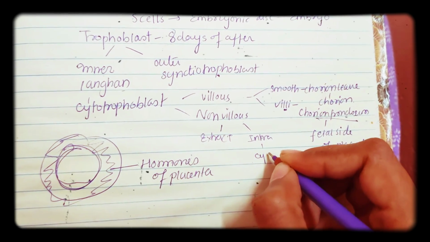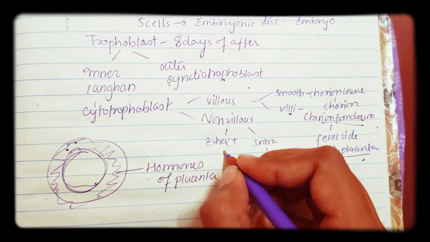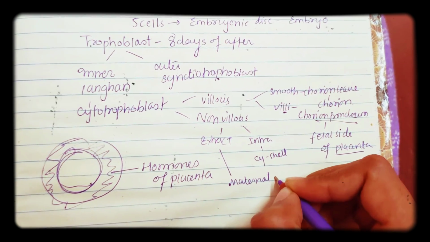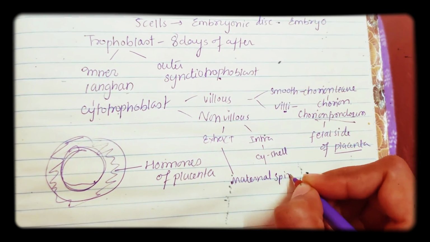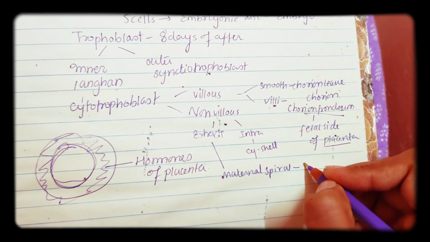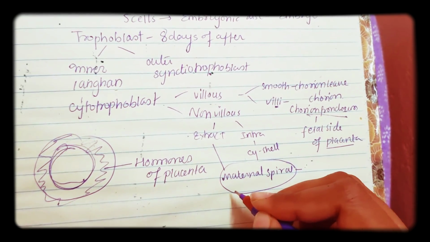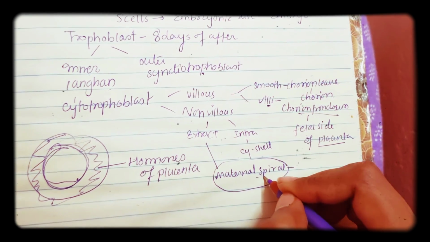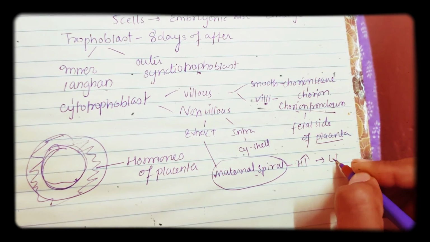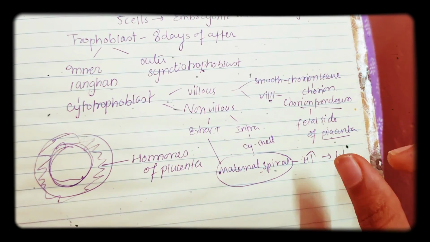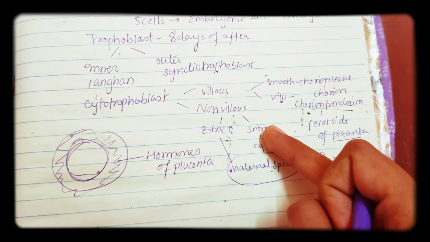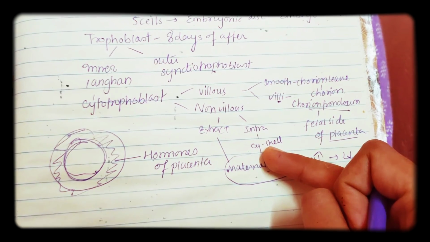Intravascular will form a cytotrophoblast shell, whereas extravascular will replace the maternal spiral vessels, from high resistance vessels into low resistance vessels. Mainly they act on the maternal spiral vessels which are present in the intervillous space. So high resistance is converted to low resistance vessels mainly because of this extravascular cytotrophoblast. Intravascular cytotrophoblast will form the cytotrophoblast shell.